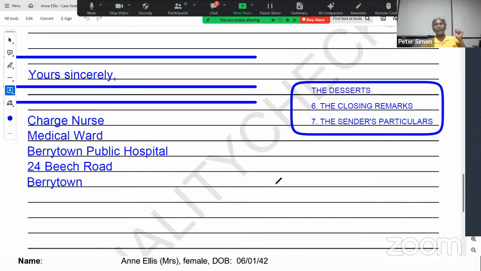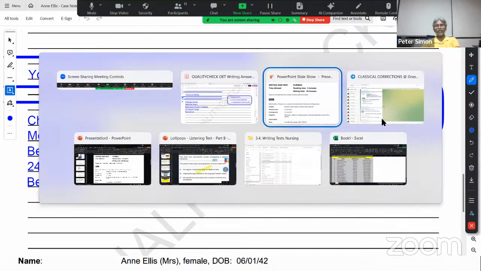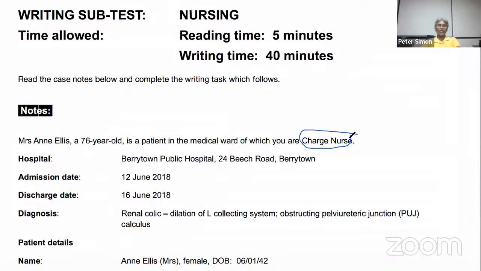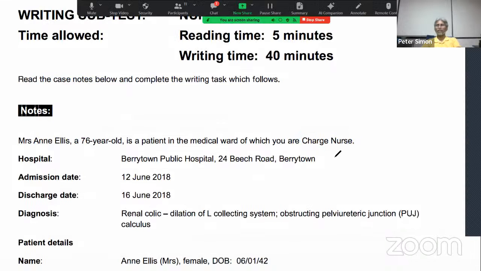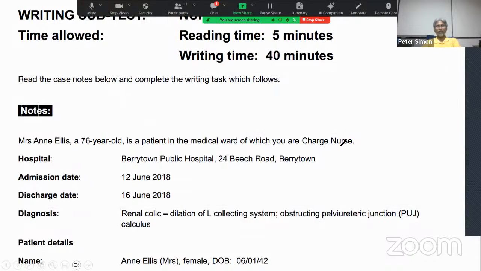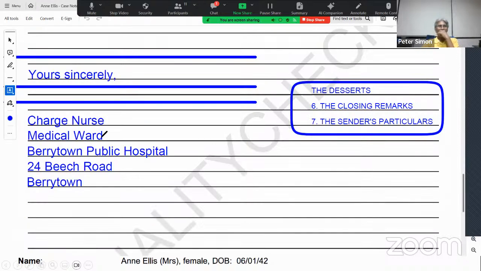So what is given there? It is given charge nurse. So write charge nurse. That's it. Charge nurse, medical ward, Berrytown Public Hospital, 24 Beach Road, Berrytown.